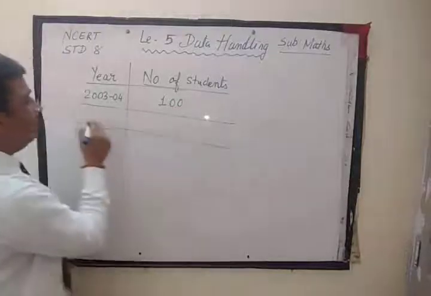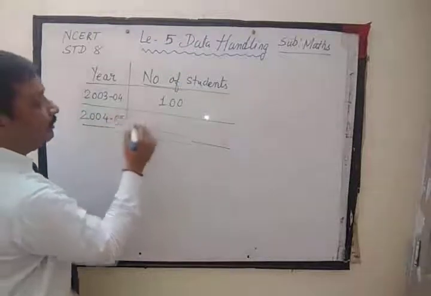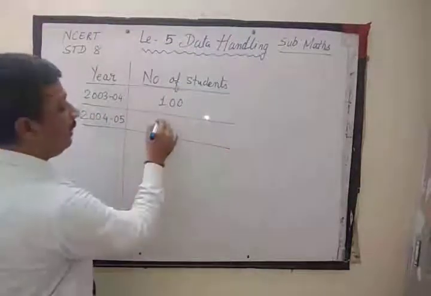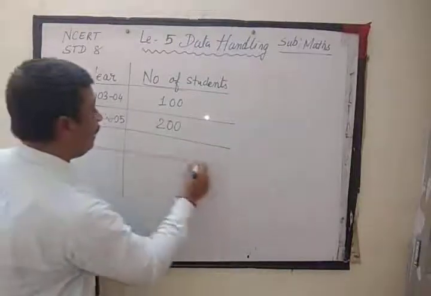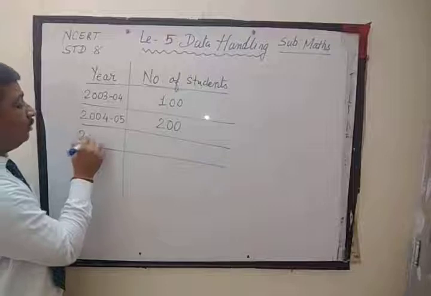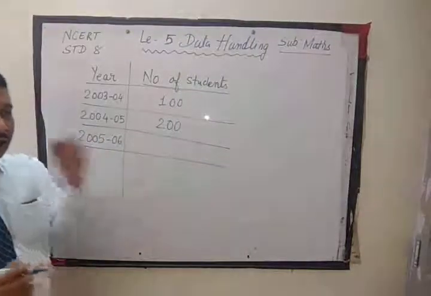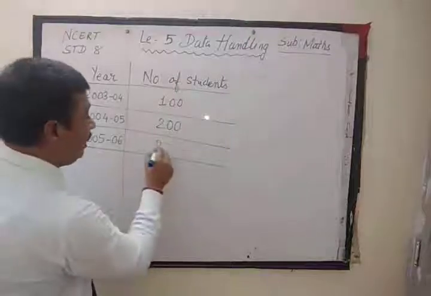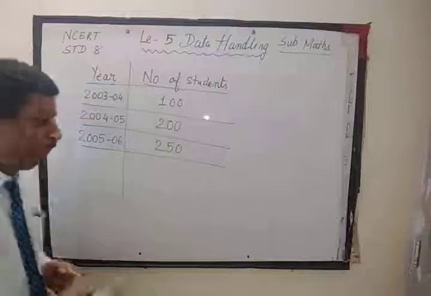Similarly, 2004-5, the strength will increase and it will become 200, almost double. Similarly, we can go for 2005-2006. Here also there is some increase in the number of students and it reached 250.